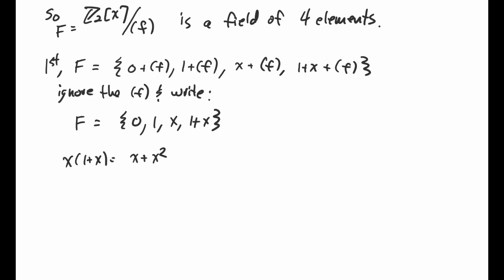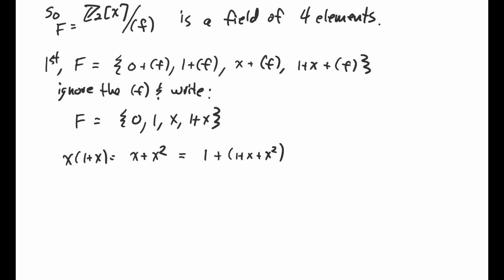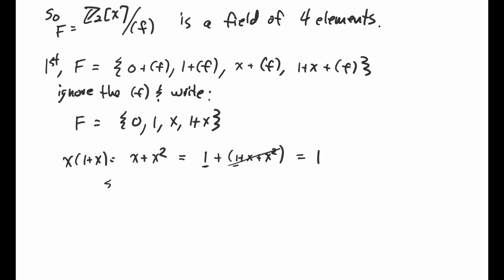So remember, there's a plus f in there, and in particular, we can add any multiple of 1 plus x squared because that's 0. So in this case, I added two ones, and two ones is 0, right? So I didn't change anything. But then because this thing is 0, it's just 1. So in fact, x inverse is 1 plus x.